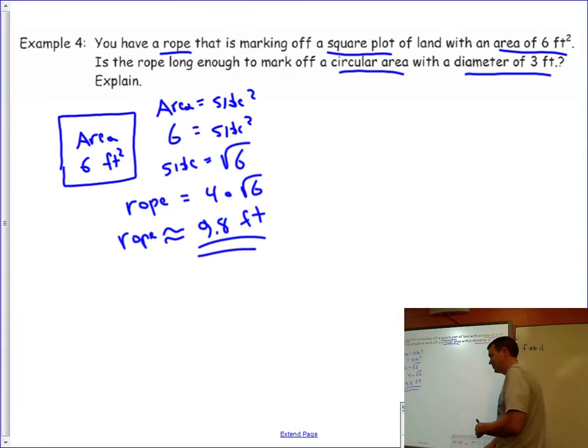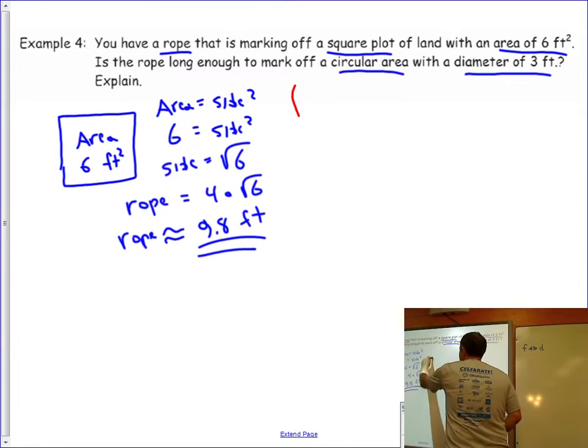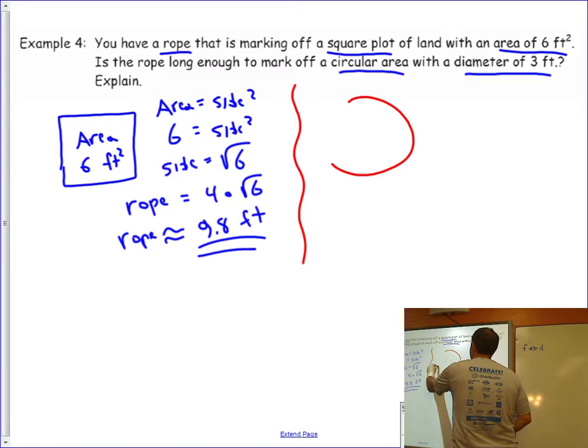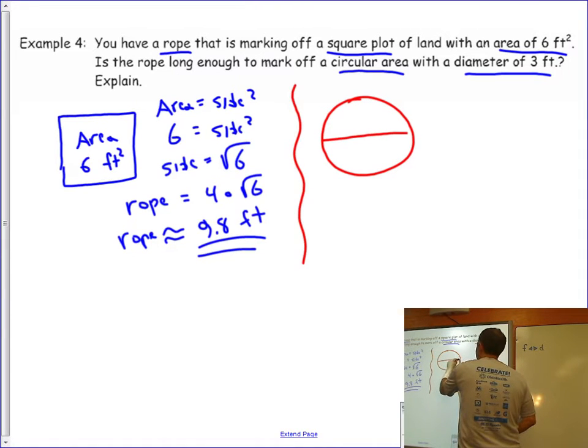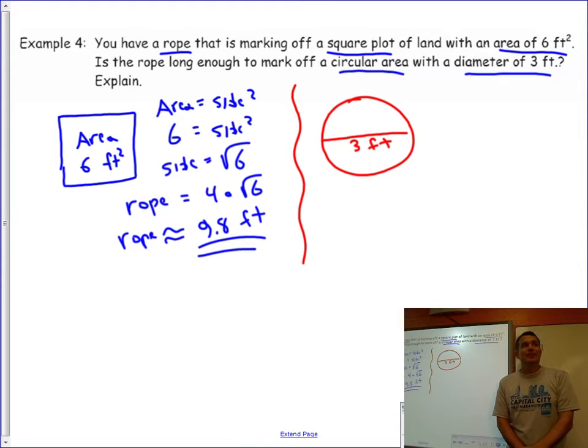Let's go look at the circle. So I have a circle whose diameter is 3 feet. And I want to know if the rope is long enough to go all the way around the circle whose diameter is 3 feet.